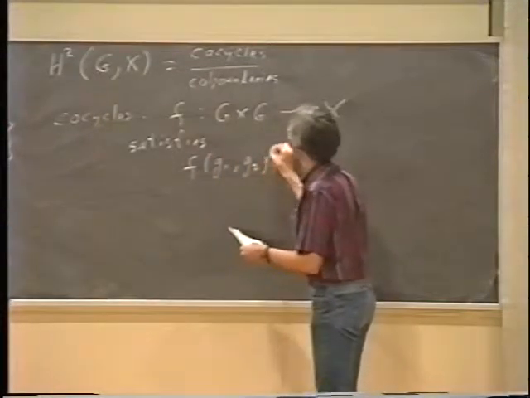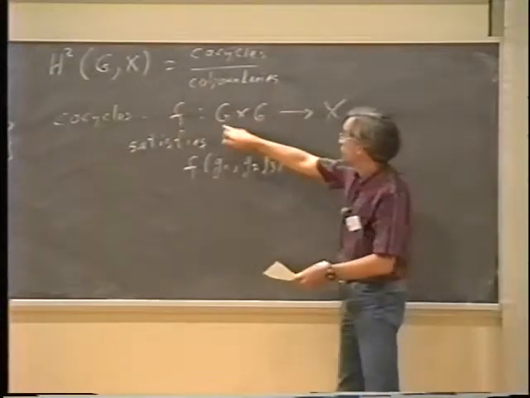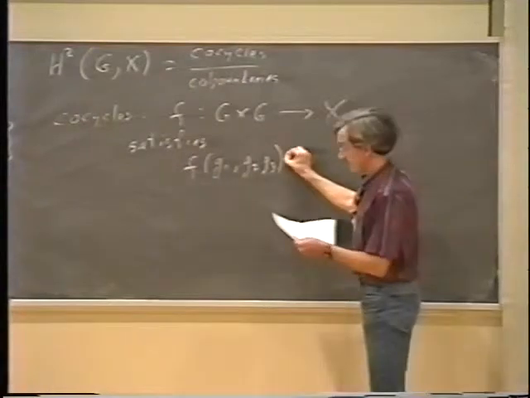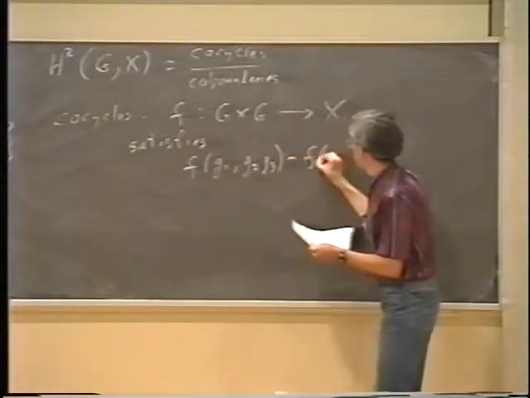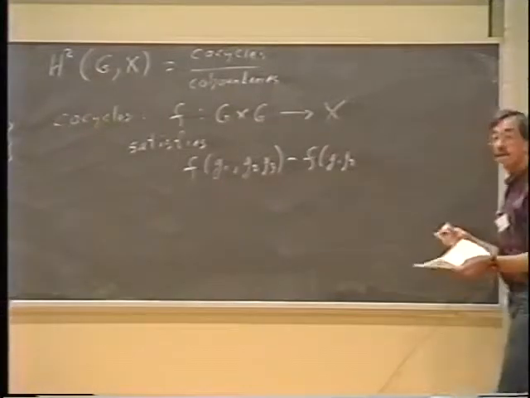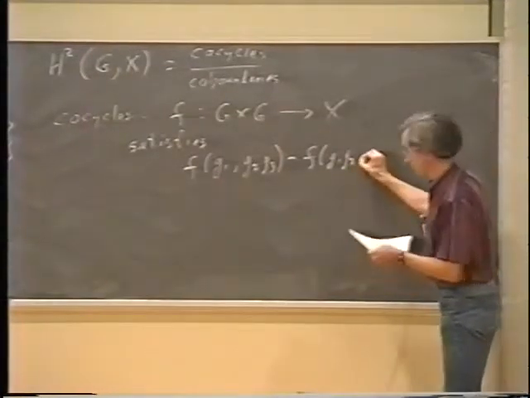There's a better form of this, which I put in the notes, where you change F to being a homogeneous function on G cross G cross G, but for our purposes, we don't need that. And then that makes this relation look a little more natural. In fact, everything I say is contained in the notes, and there's even more in the notes. So if you're taking notes, you can stop and let your hands rest.